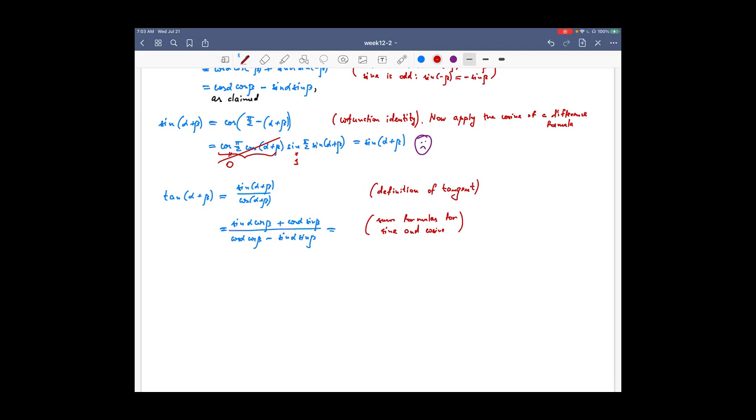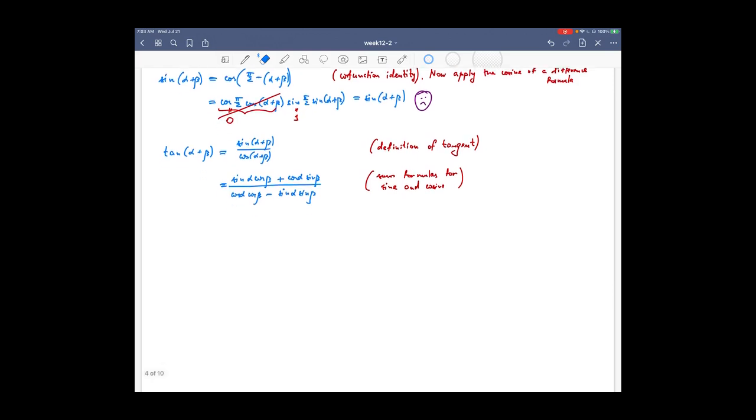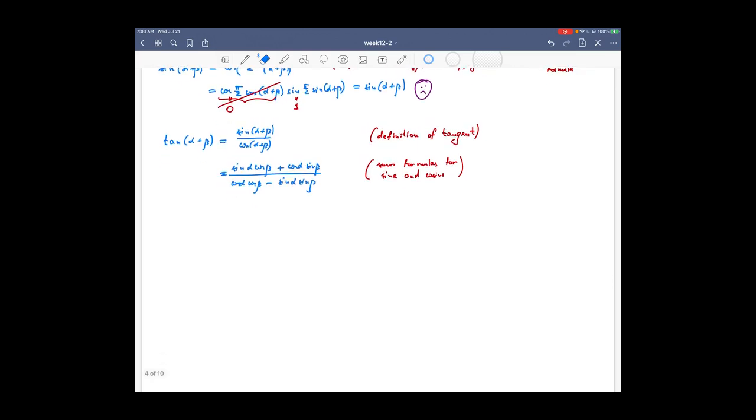Now, the idea is to divide each term of this fraction by the product cosine alpha times cosine beta, assuming, of course, it's not 0. Right?